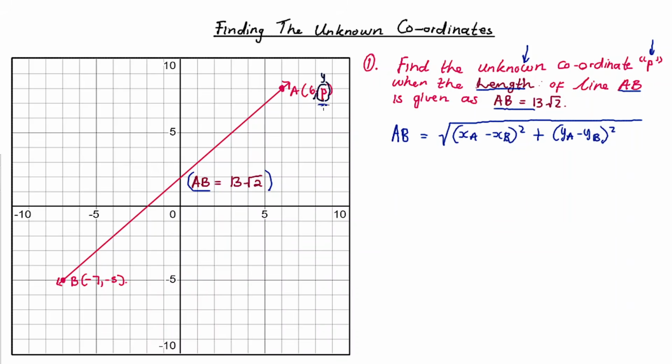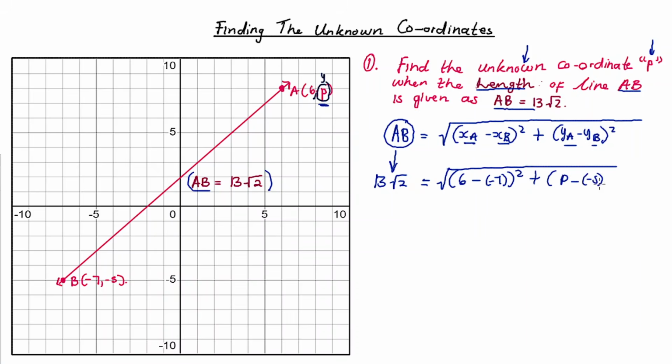Since we want the coordinate for P and we are given the distance AB, 13 square root 2 is equal to, then we're just going to substitute the coordinates here. So that's the square root of, what is XA? XA, that's 6, minus what is XB? It's negative 7. Close bracket, then you square this. YA, that's P, it's the unknown, minus YB, that's negative 5.